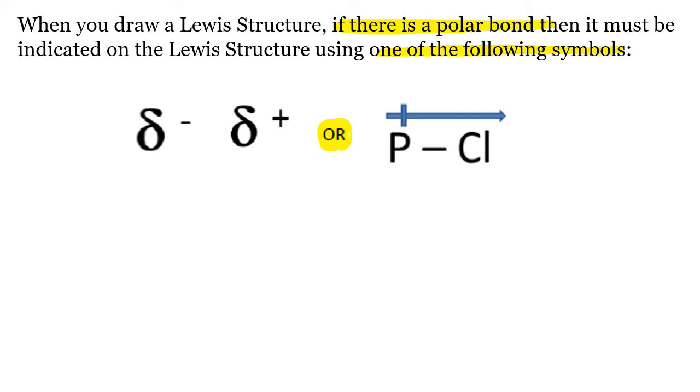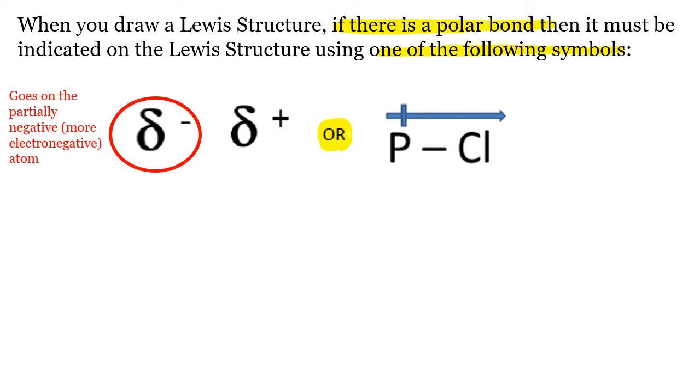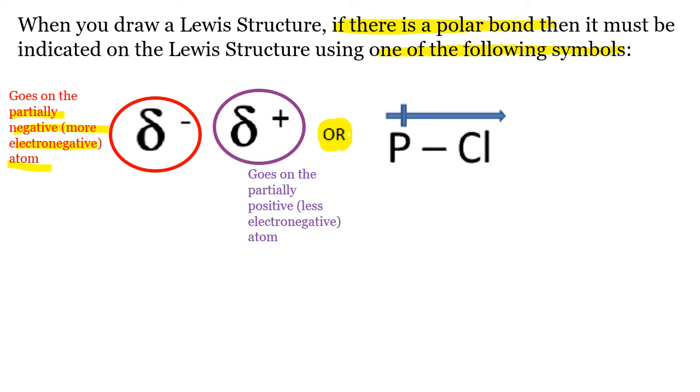If it's not a polar bond, you don't draw the symbol, only when it's polar. And so you saw on the slide before, that is a Greek letter. I don't remember which one, doesn't matter, but the little Greek squirrely and the negative sign goes on the partially negative atom, which is the more electronegative one. The little Greek squirrely with the plus sign goes on the less electronegative atom.